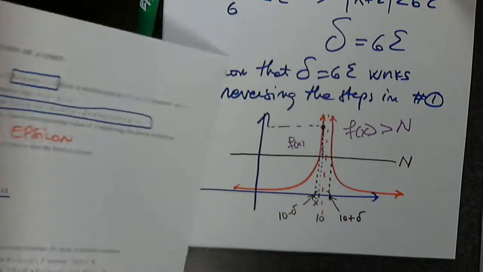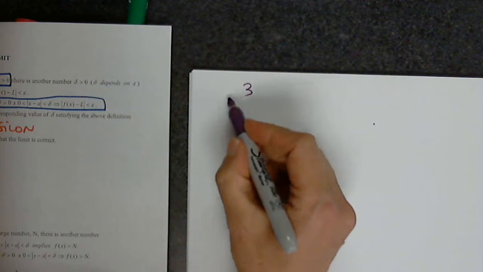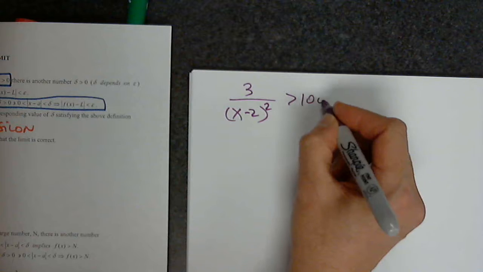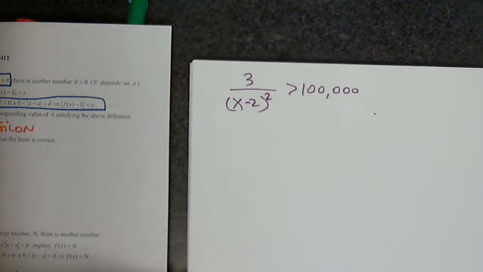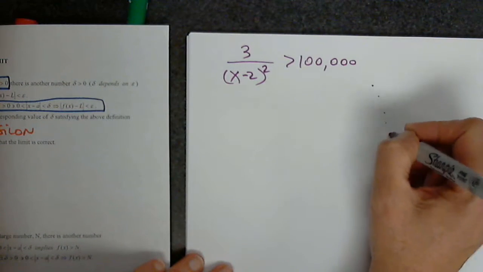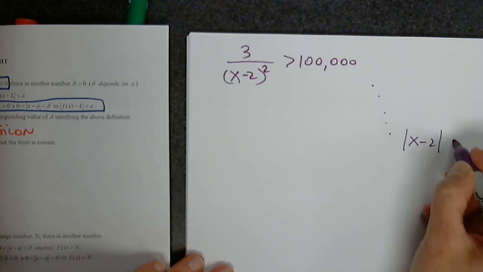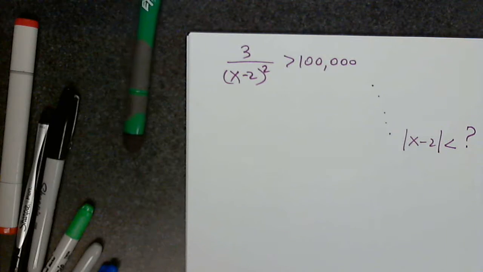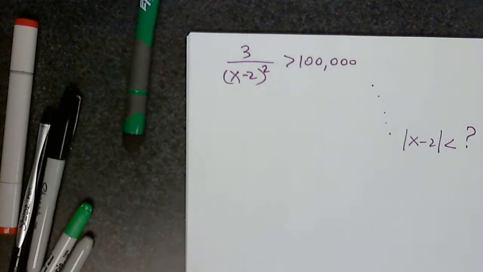Okay, so let's copy that. I have 3 divided by x minus 2 squared greater than 100,000. At the end of the day, I want this. This is my target. How do I get that? What do I have to do first? Look at this inequality and say, oh, I know.